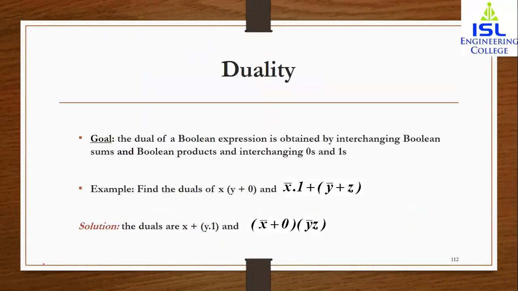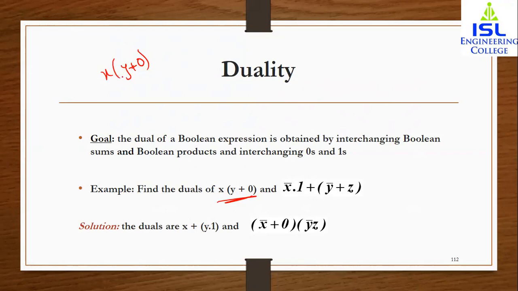Now the next topic is duality. So the dual of a Boolean expression is obtained by interchanging Boolean sums and Boolean products and interchanging zeros and ones. So if you have been given a Boolean expression, I'll take this expression x into y plus 0.